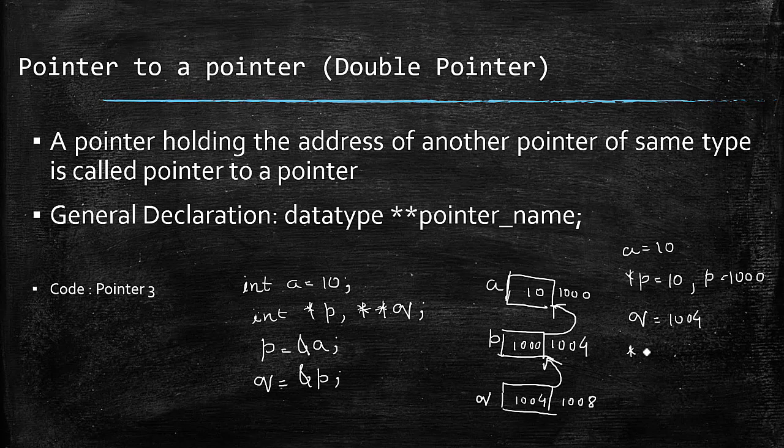Now, if I print star q, then the value at the address 1004, what is stored over there? I am storing 1000. Now, if I write star star q, what will happen? Star q, this will be like this.